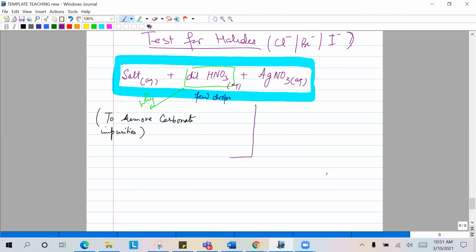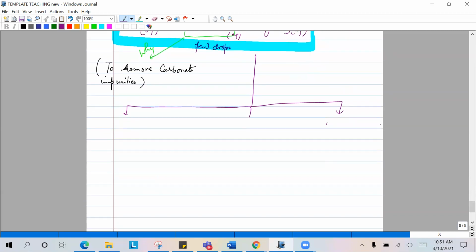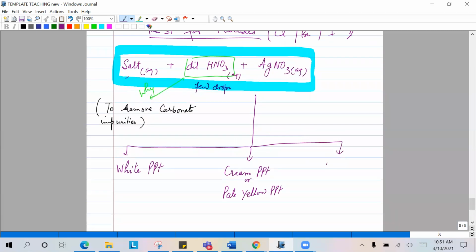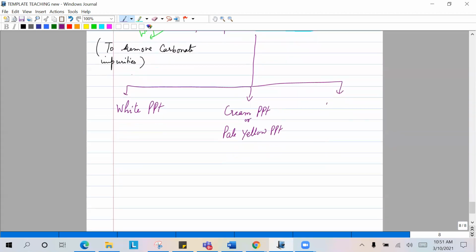Now, depending on which halide is present, you could have three different observations. It could be a white precipitate, it could be a cream precipitate, or you also call it a pale yellow precipitate. Depending on the halide which is present in this unknown salt, whether it is a chloride, bromide, or iodide, you will get one of these precipitates.